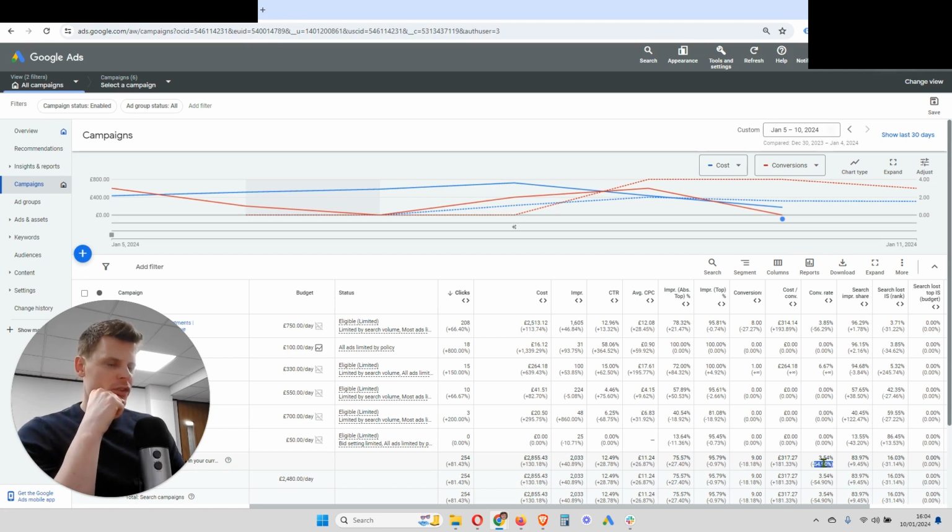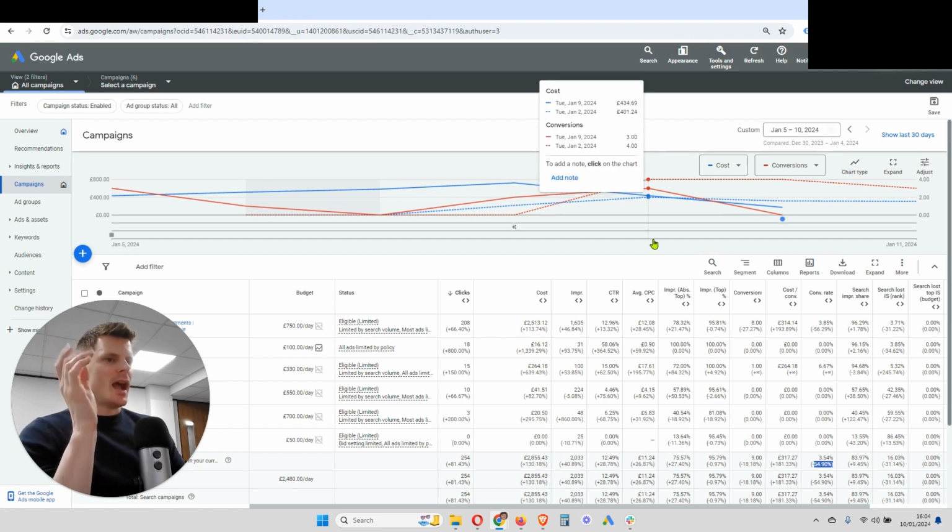And so what does this tell us? Now, firstly, this is very early on in the test, but it's giving us an early indication. So the results could be due potentially just to variance of week to week. So it might just be that it's been a bad few days and that we need to give this test a bit more time.